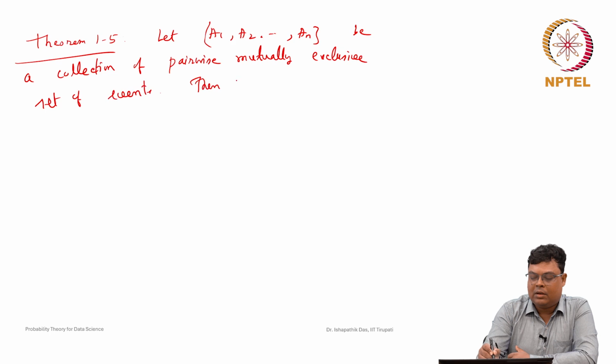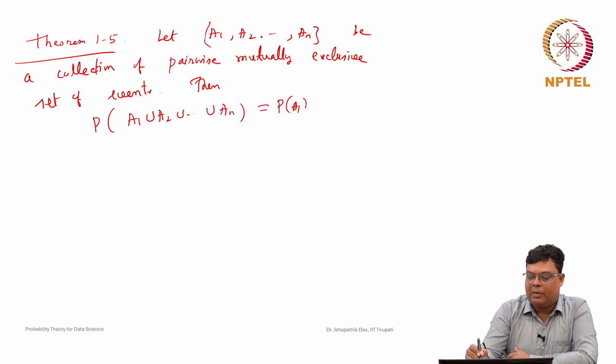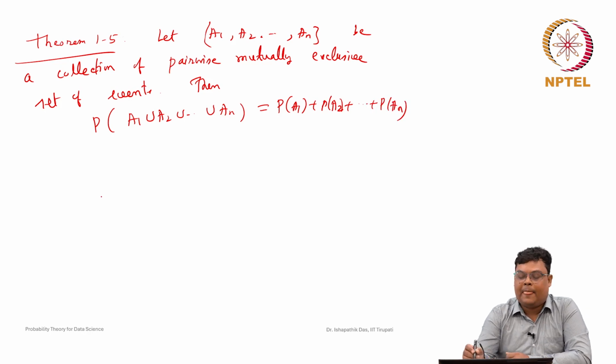Then probability of A1 union A2 union ... union An is equal to probability of A1 plus probability of A2 plus ... plus probability of An. Since the infinite case is given, we have to prove that any finite union also satisfies this, because the events are mutually exclusive.